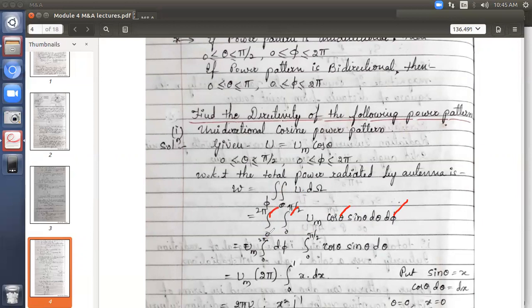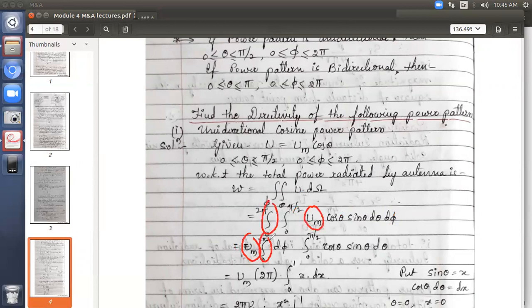I will just club the integrations. Um is a constant term, I will take it outside. The first integration is for phi, so I will associate this d phi with the first integration. And what all are remaining? I have already written the integration term.